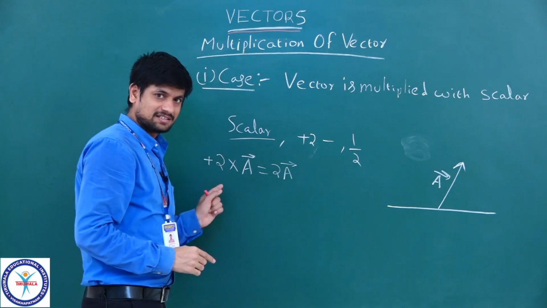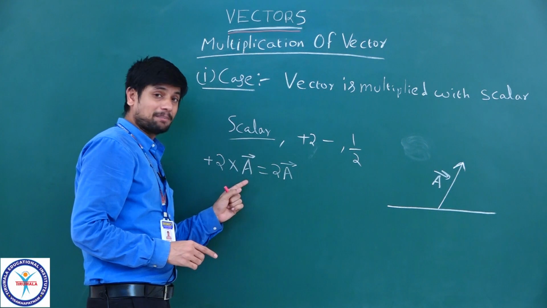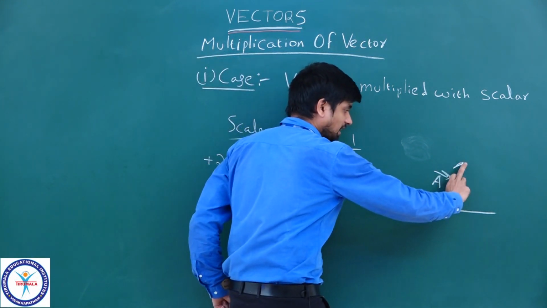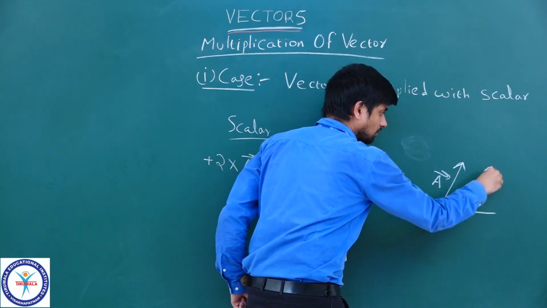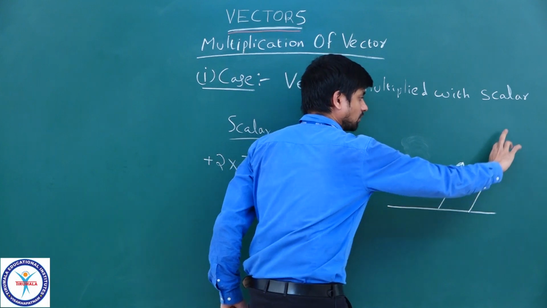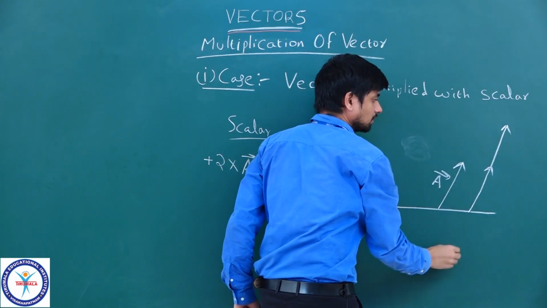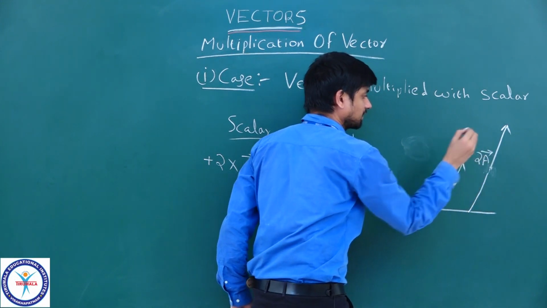Plus sign. Has the sign been changed? No. But look at this, a bar has been increased 2 times. So, if this is the a, same a here, but 2 times of this means here. So, this is 2a bar.